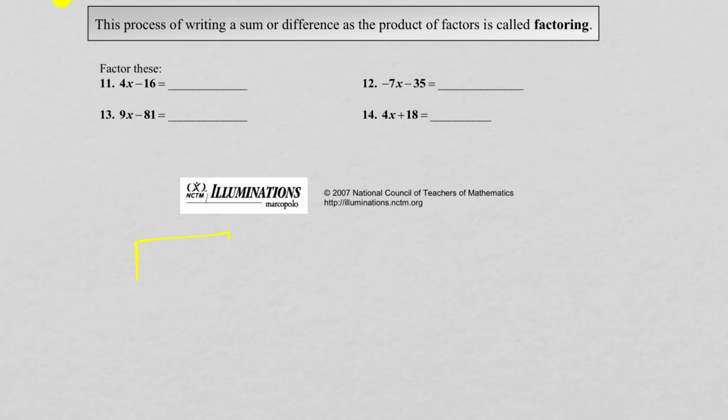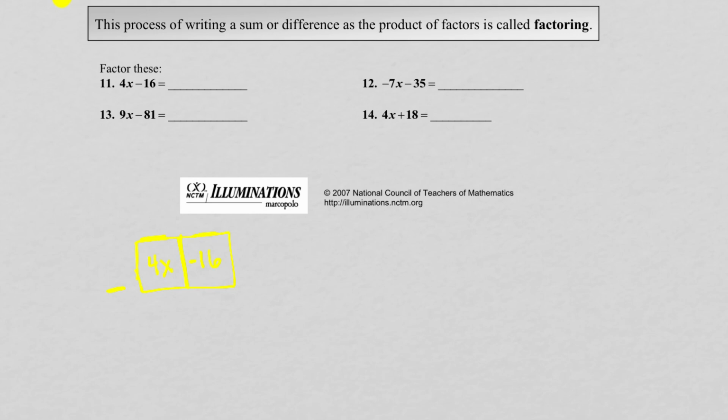Let's think of this first one. If these were to be boxes, this tells me that 4x is one and 16 is the other. Actually, this is a minus, so this is a negative 16. So what I need to know is what's going to go here, here, and here.